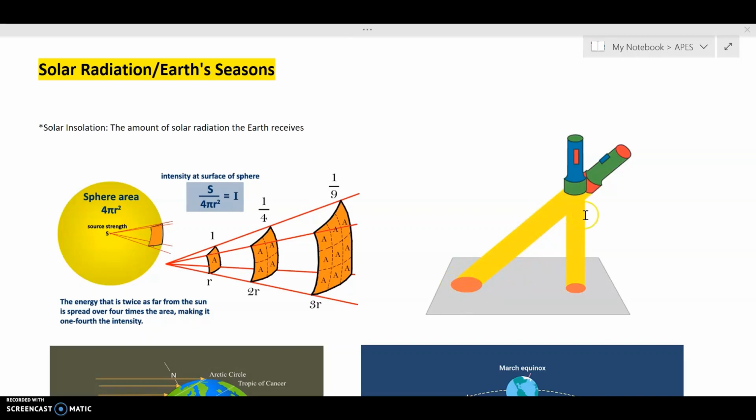And of course, because of this, you're going to have less concentration. So if you were to conduct this lab, you could check if the temperature in this area that's being hit with the light is going to be higher than the temperature in this area.